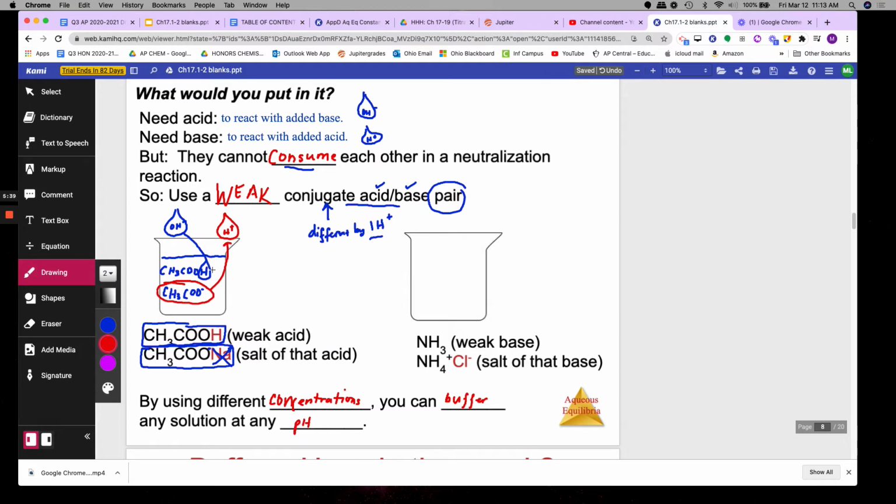But you have to pick a base that is strong enough to extract that. If you have a Cl-, that doesn't want the H+. Let's say you put HCl and Cl-, those are conjugate pairs. The OH- will grab the H+, fine.